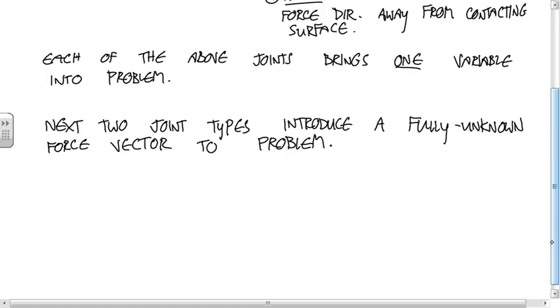Okay, so of all the joint types, this is the one that's going to come up the most often in this class, a pin joint.